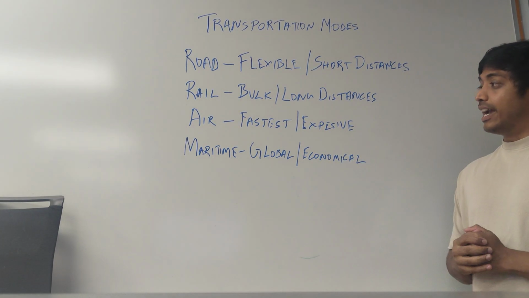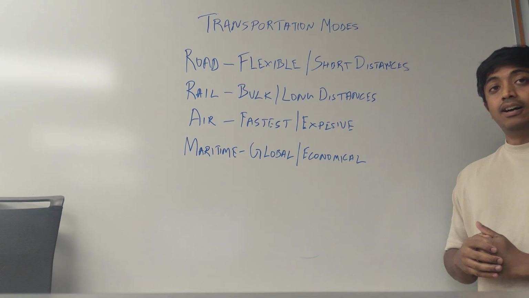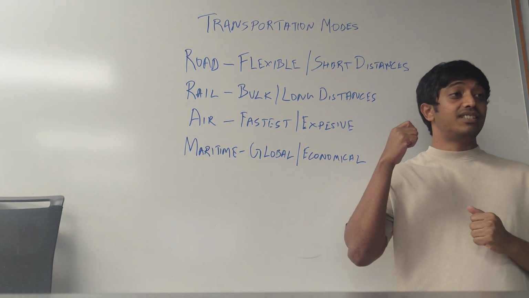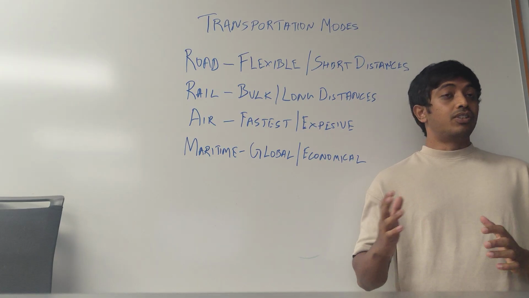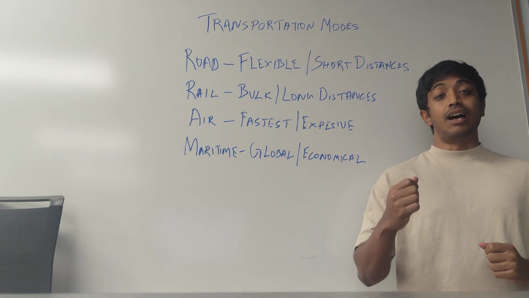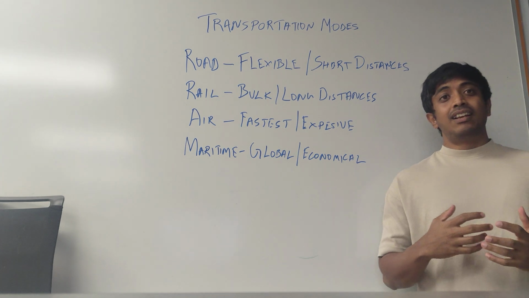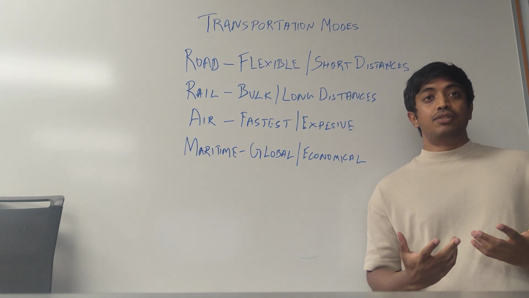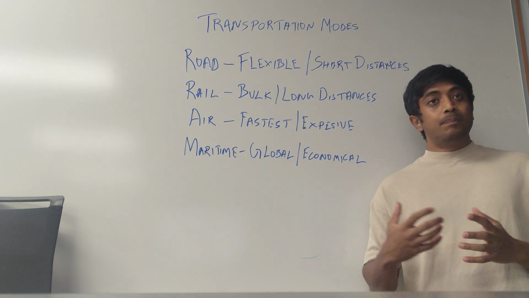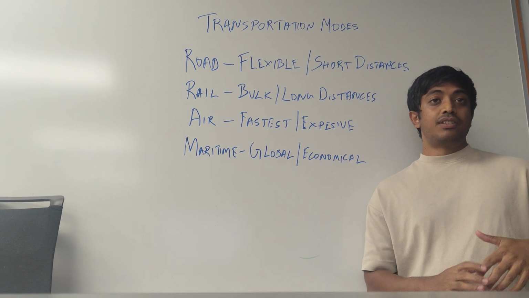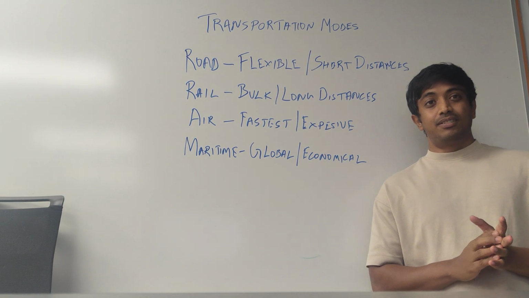Next, let's look into the air mode of transportation. Some of the advantages of this mode of transportation are that it is super fast. You can get the product delivered within hours or days. And it is best for perishable goods like fruit. Next, let's look into the disadvantages.